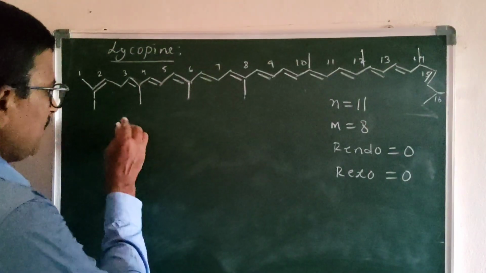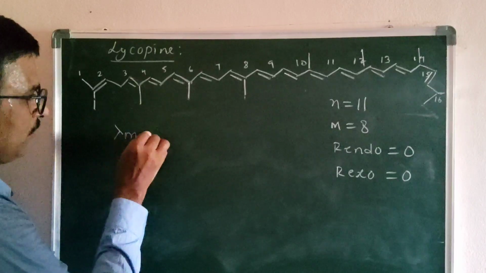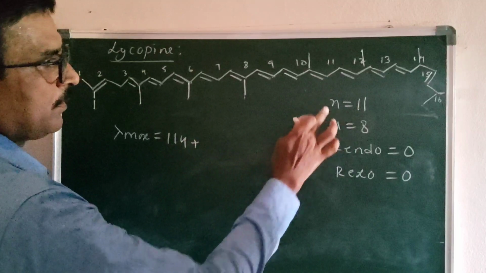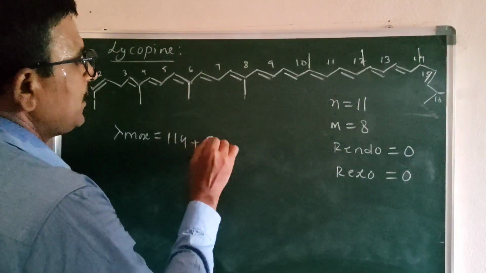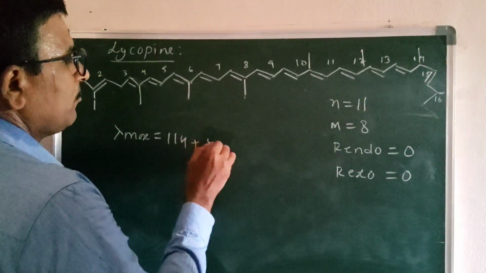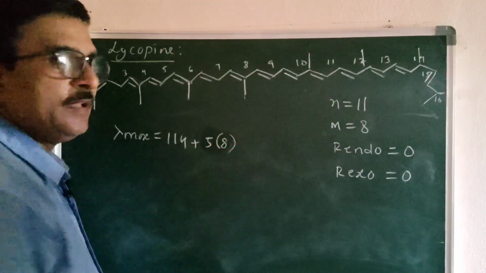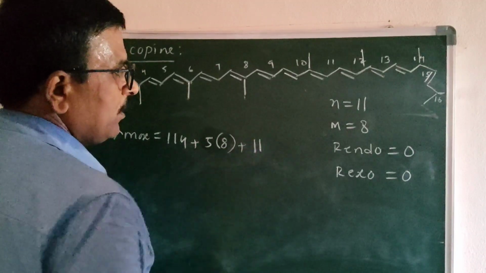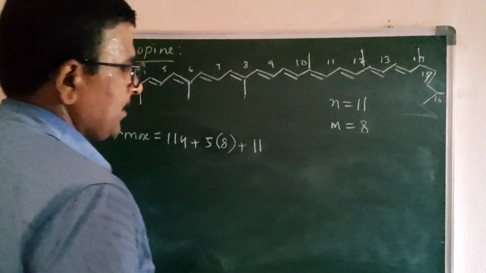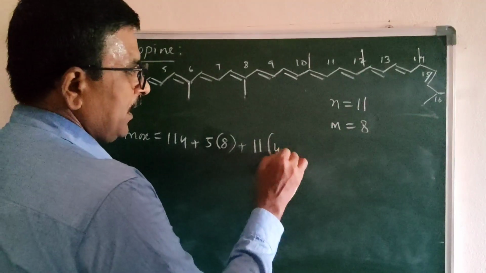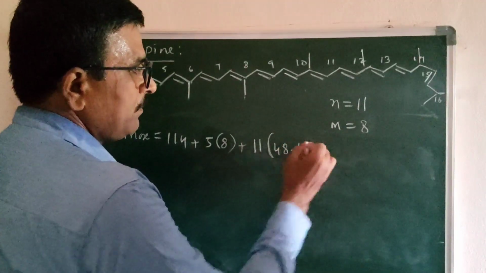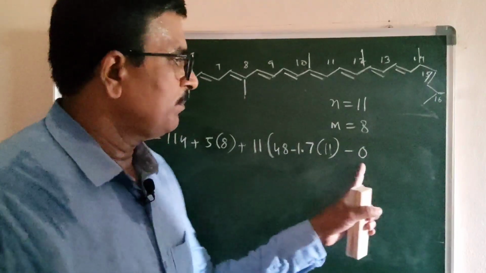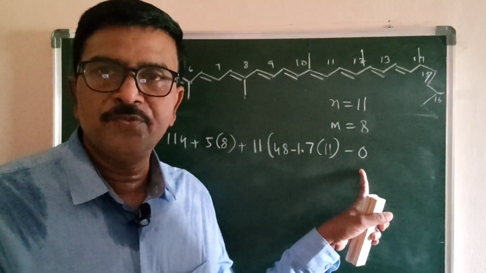Let us substitute the values. Lambda max is equal to 114 plus 8 into 5, the effect value for the 8 alkyl groups, plus 11 conjugated double bonds into 48 minus 1.7 into 11, minus 0, because R endo and R exo are absent.